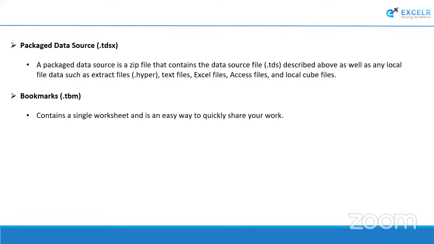Normally, the development piece, whenever we publish into the server, we call it a Tableau dashboard. But whenever it's in the normal raw format, we call it a workbook. So multiple worksheets contribute to a workbook. If you want to share a single worksheet, then you can share it as a bookmark, which is the .tbm extension.